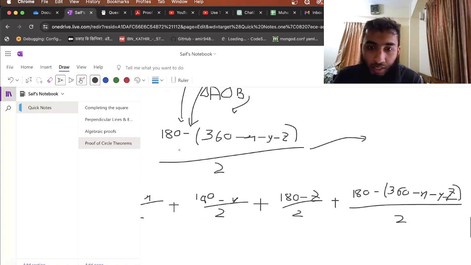Now we can simplify this. If we take out the bracket, it will be 180 minus 360 plus x plus y plus z, which can be written as x plus y plus z minus 180, by 2.